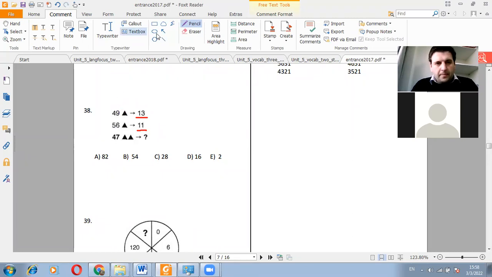So this time, rather than focusing on 49 as a whole number, think of it as two individual numbers, 4 and 9, right?